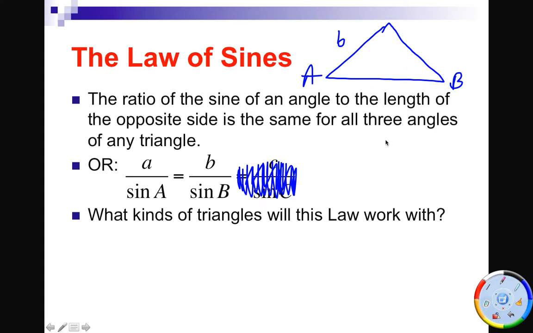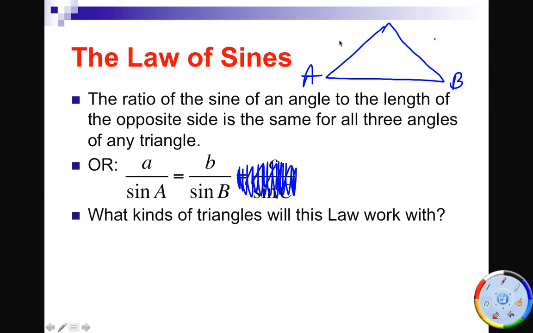If I knew big A, big B, and little b, that would look like this. If I knew this information, I could solve for little a. Well, that's interesting.